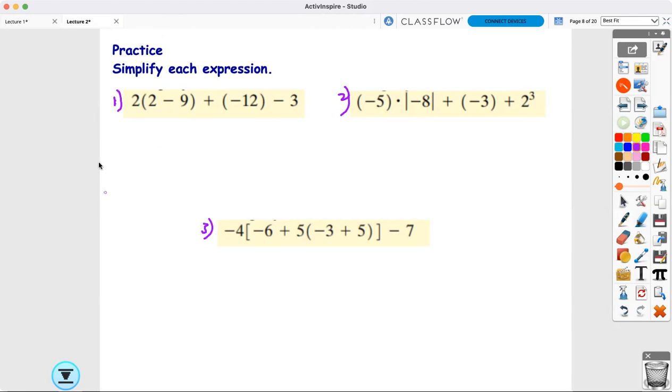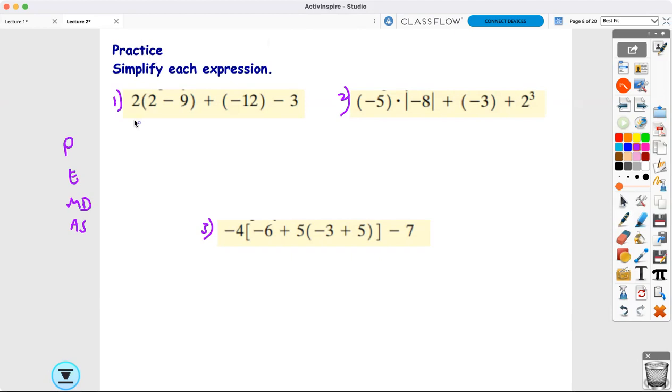Let's follow PEMDAS, okay? What will we do first? Parentheses, right? What happens in the parentheses, 2 take away 9? What does that simplify to? -7.